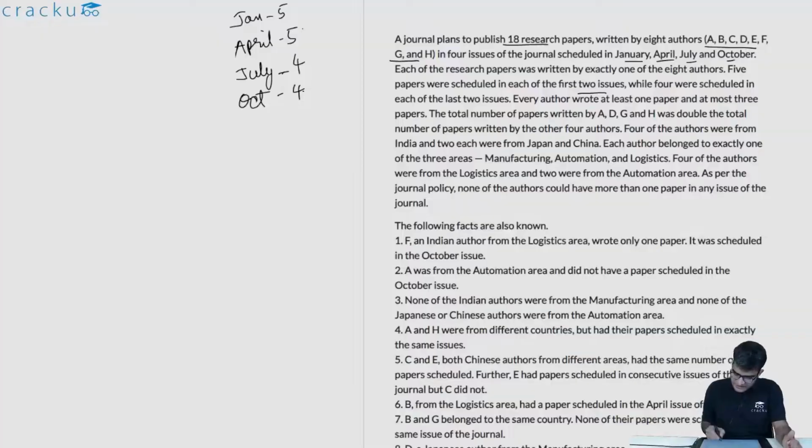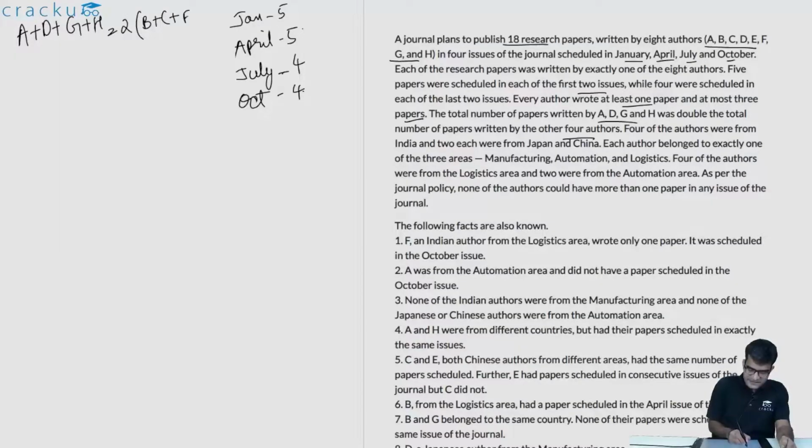We are also told that every author wrote at least 1 paper and at most 3 papers. And the total number of papers written by A, D, G, and H, that is 4 of them, is double the number of papers written by the remaining 4 authors. So the total number of papers written by A, D, G, and H is 2 times the number of papers written by B plus C plus E plus F. If you assume that the number of papers written by B, C, E, and F is x, the number of papers written by A, D, G, and H is 2x.